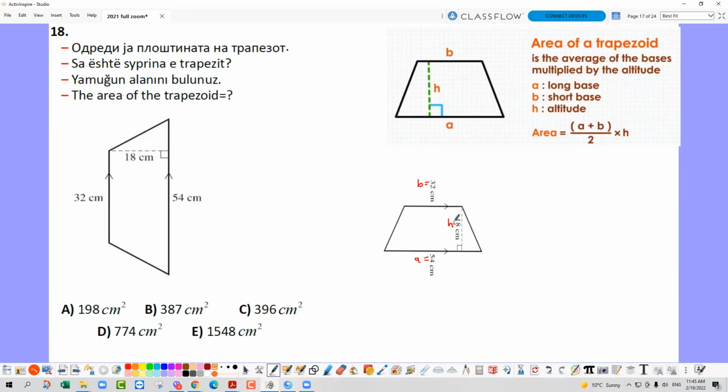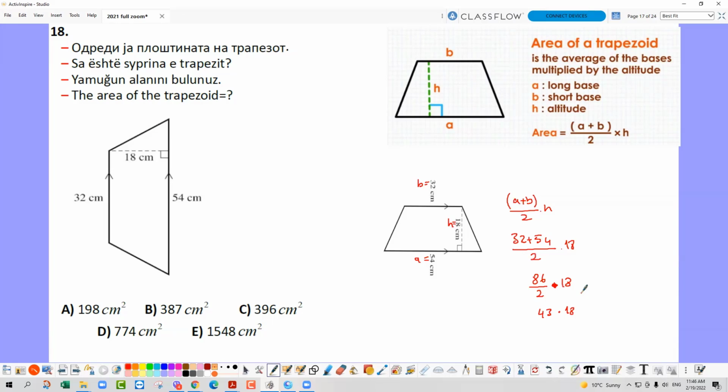So with respect to that, the formula is written here: A plus B over 2 times h, which is equal to 32 plus 54 divided by 2 times h, where h is 18. So 32 plus 54 is equal to 86 divided by 2, times 18, I'm sorry. And this is 43, it's going to be times 18.